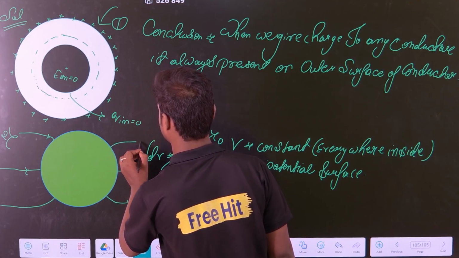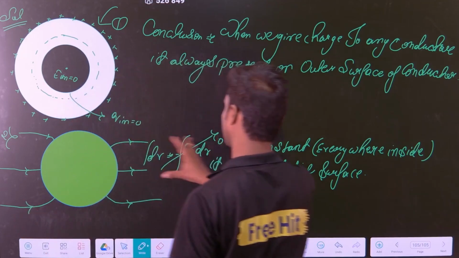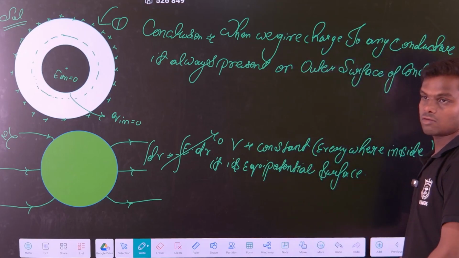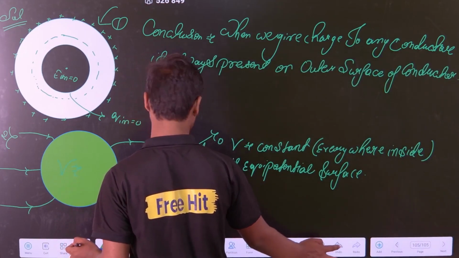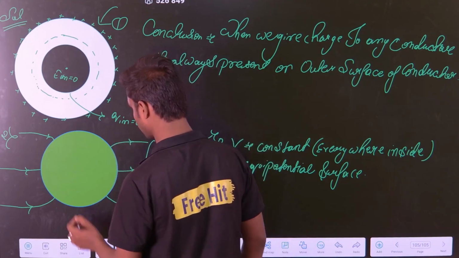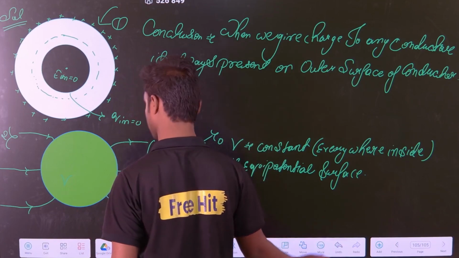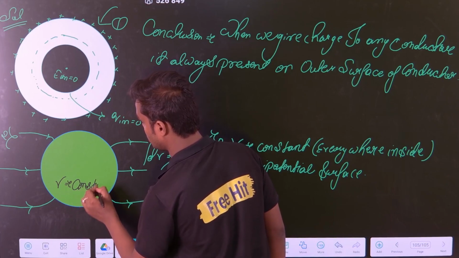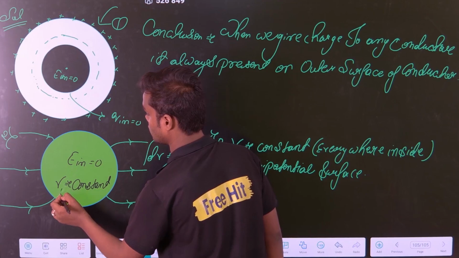The electric field lines are always perpendicular to its surface, and it will behave as an equipotential surface inside. Inside, my V will be constant and my E inside is equal to 0.